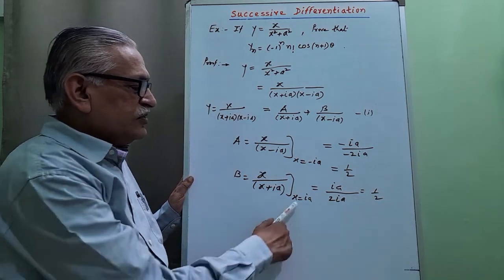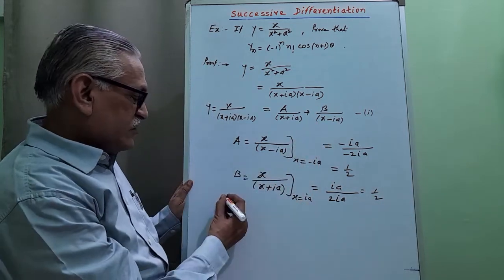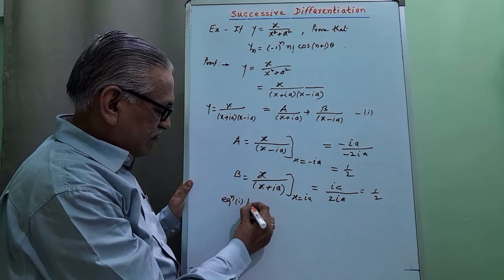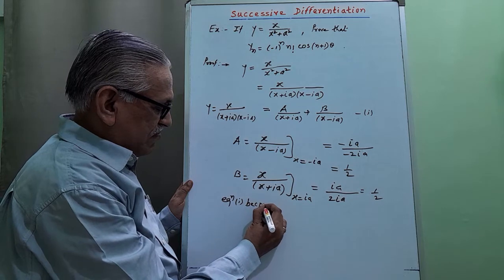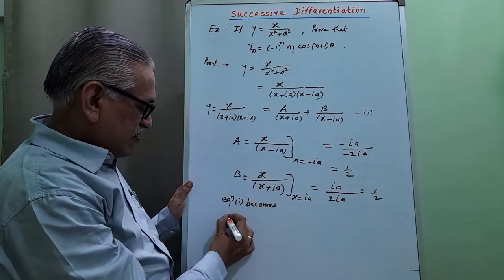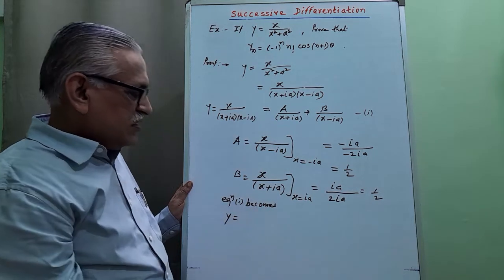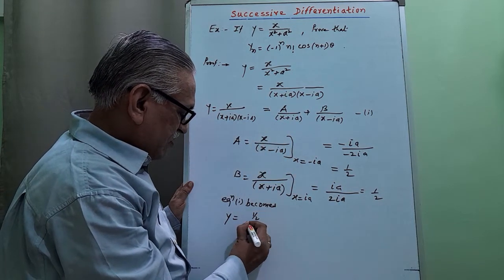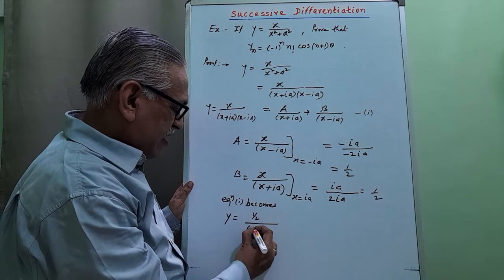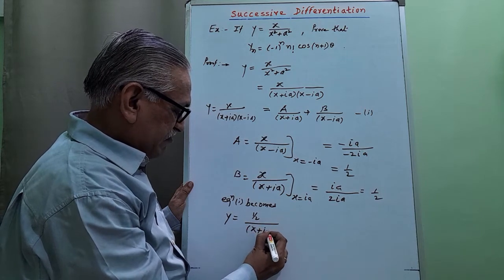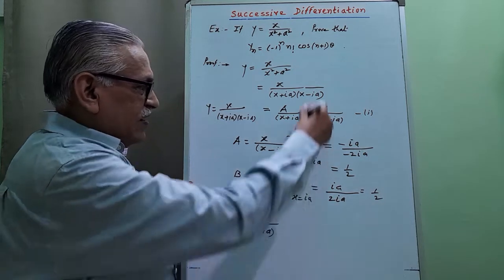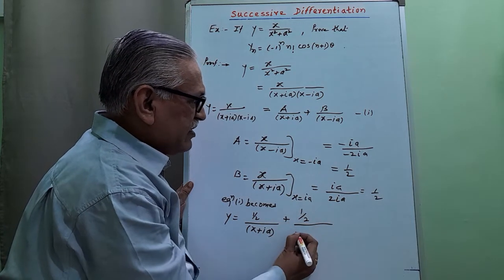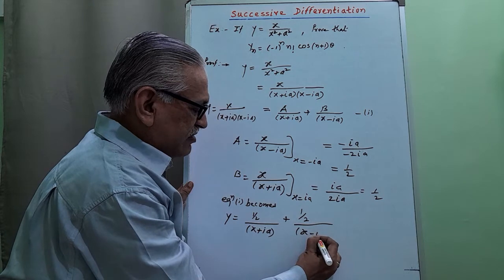Substituting those values in equation 1, y is equal to the value of a as 1 by 2 divided by x plus ia, and the value of b is also 1 by 2 divided by x minus ia.